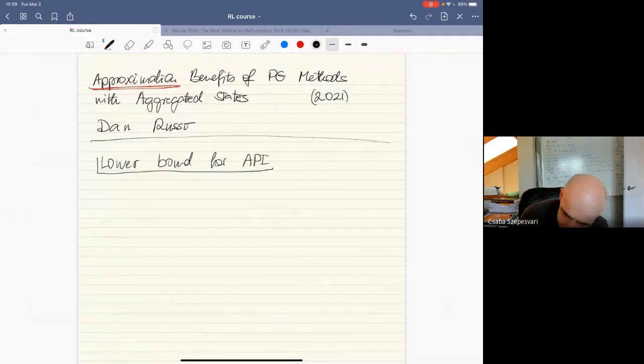It's not quite the approximate policy iteration algorithm we're talking about, but it's very close, and maybe it's going to be a homework to verify that. The algorithm that we discussed in class is also subject to this lower bound.